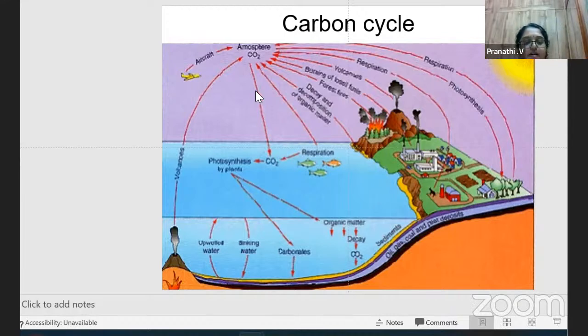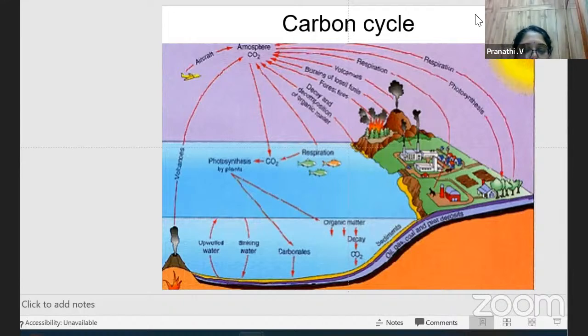Methane produces a greater greenhouse effect per volume as compared to carbon dioxide. But methane is present at a much lower concentration, and it does not exist for as long as carbon dioxide.